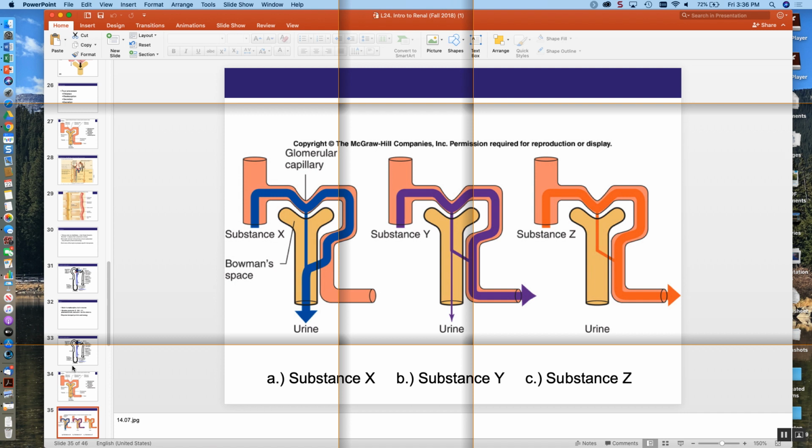Because renal plasma flow is not only what's filtered, but what goes on into the efferent arterioles. All right, so filtration fraction is GFR over renal plasma flow, and it's usually about 20%.